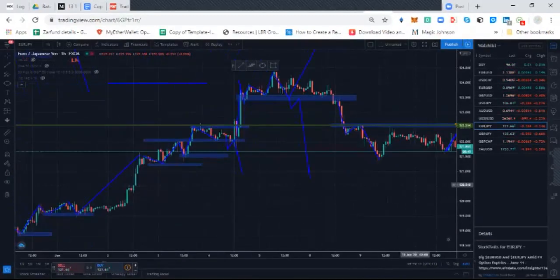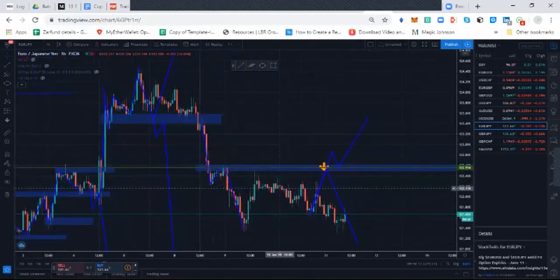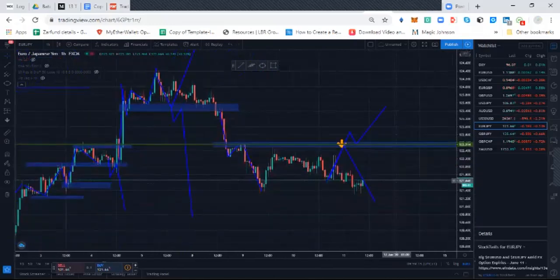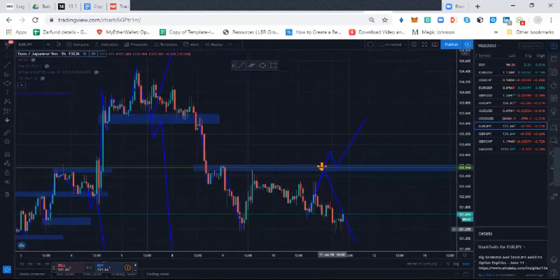Though this is looking like it's going to sell off, we need to be careful about the sell so we don't get into a potential buy. But I think that this structure here is going to give us a sell off.